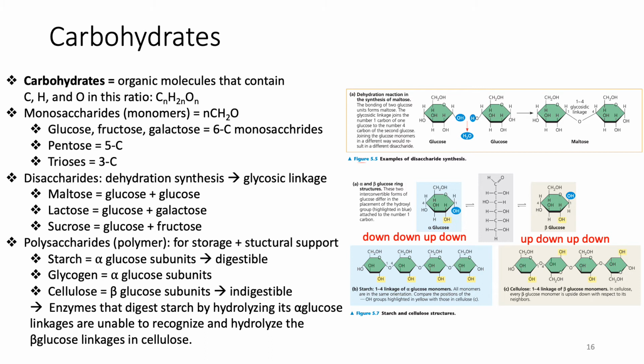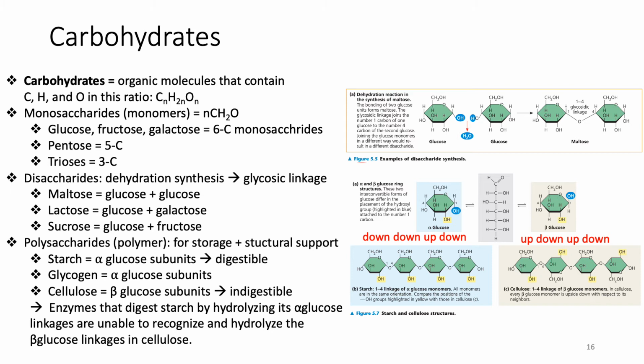A criterion for classifying sugars is the size of the carbon skeleton, which ranges from 3 to 7 carbons long. Glucose, fructose, and other sugars have 6 carbons, and so they're called hexoses. 3 carbon sugars are called trioses, and pentoses are 5 carbon sugars, and these are pretty common too.